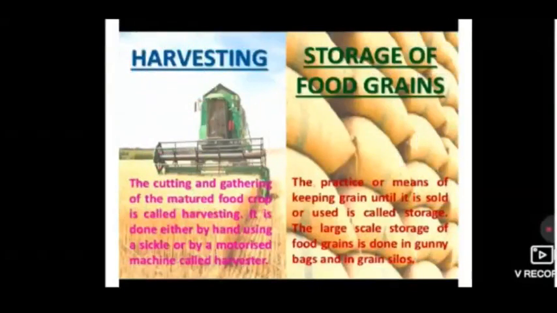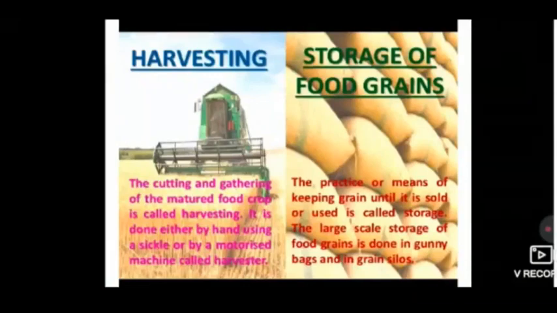Now, let's move on to the harvesting. Basically, harvesting means cutting and gathering. The cutting and gathering of the mature crops is called harvesting. It is done either by hand using a sickle or by using a machine. This is called your harvester. So note down the definition of harvesting.